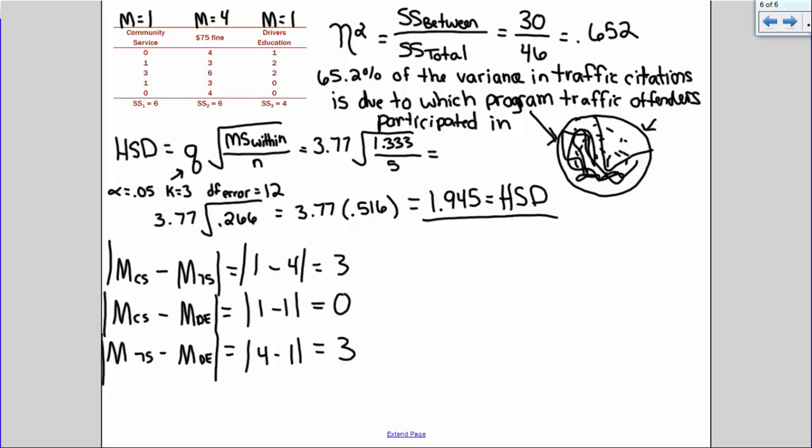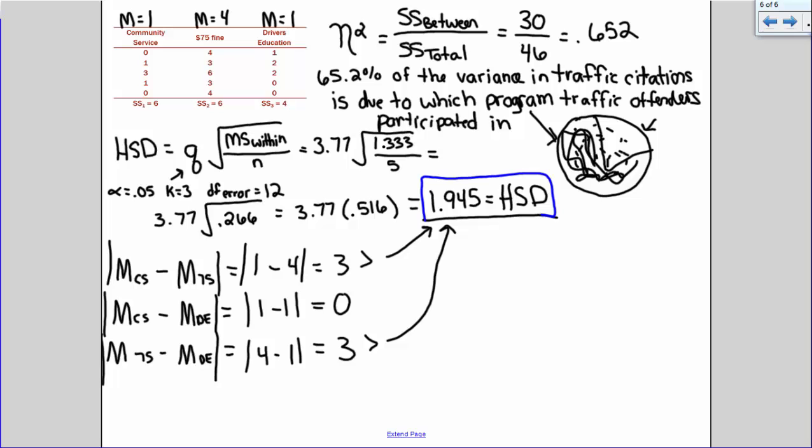So, let's make this blue again. This one is greater than Tukey's HSD. This one is greater than Tukey's HSD.